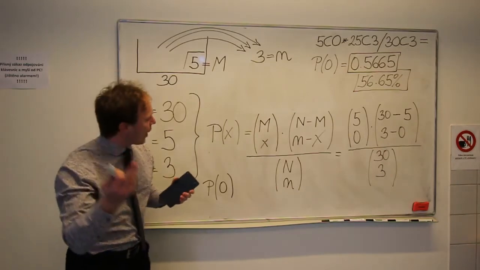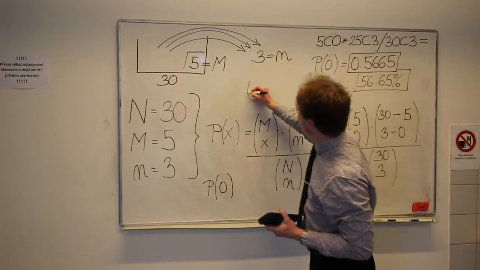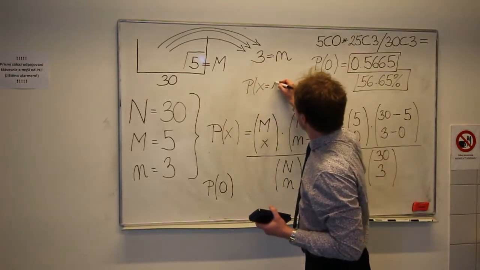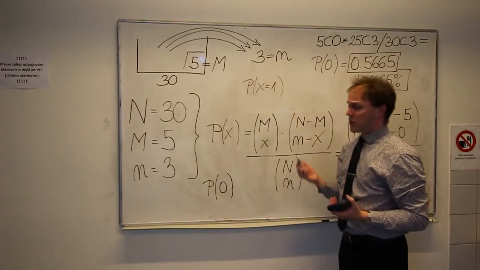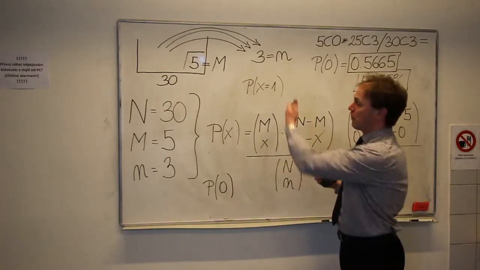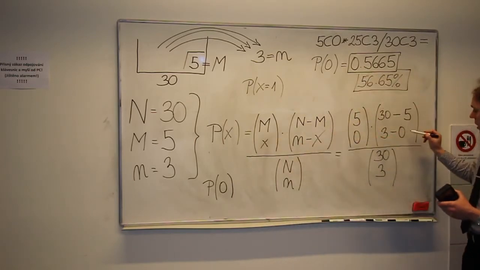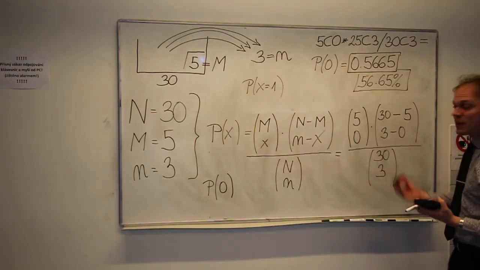If you want to train, you can calculate, for example, the probability that 1 bulb from your selection will be broken, will be damaged. So for practice, you can try to calculate this. Instead of 0, here will be 1, and so on.